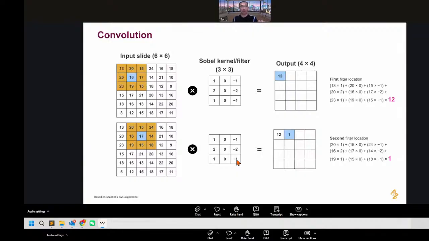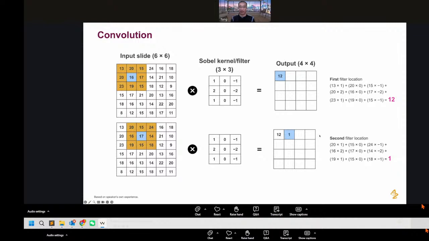For the convolution, you take a filter or kernel, which is 3 by 3 in the middle. As a parameter it could be 2 by 2, or larger, with different advantages and disadvantages for smaller or bigger. But the concept is the same: you use that kernel as your filter and apply it across the whole slide, moving one step at a time.